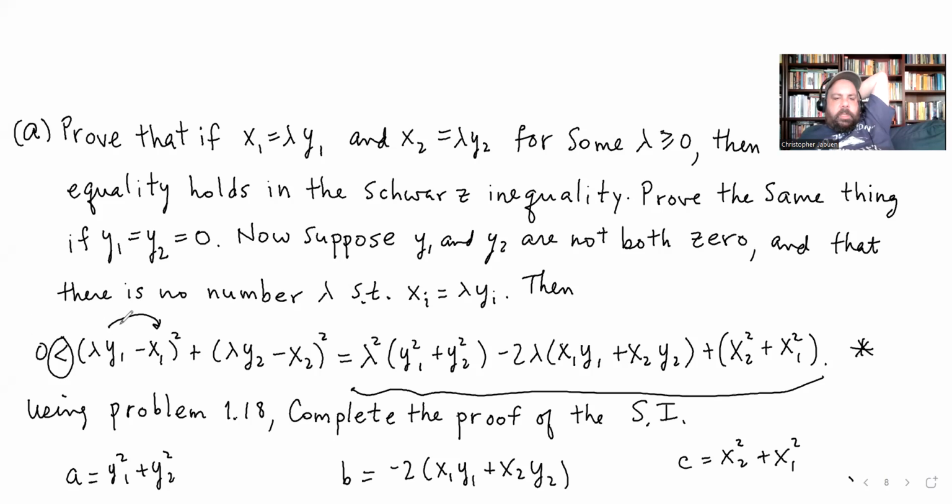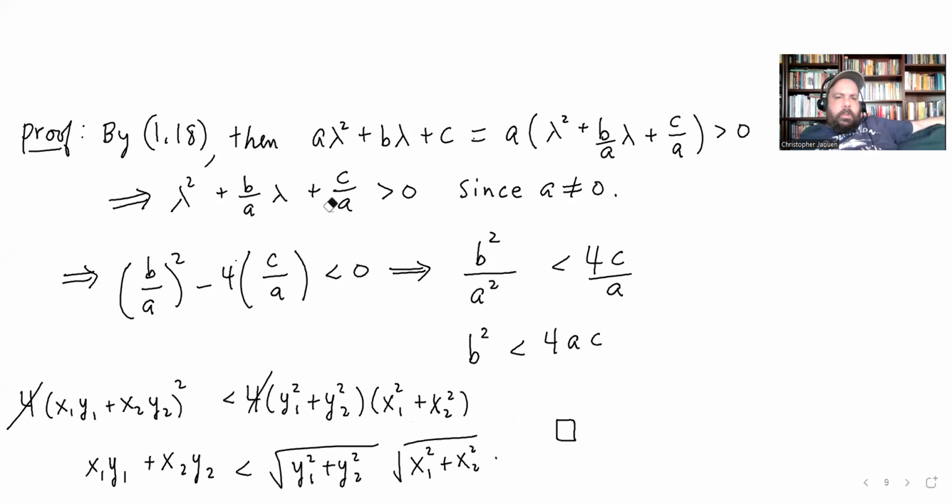Because these two things would be equal, so you would get 0 squared, and same thing here. So instead of being an inequality, you would get equality. So that would be equal to 0 in that case. And the case where y1 equals y2 equals 0, you should just plug it in, you'll see that it works. So that's for that one.